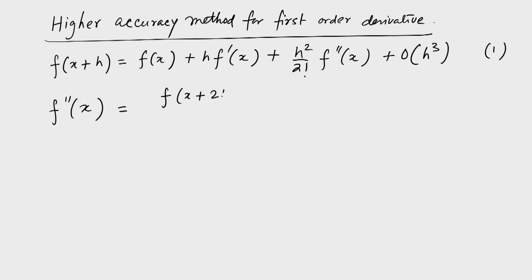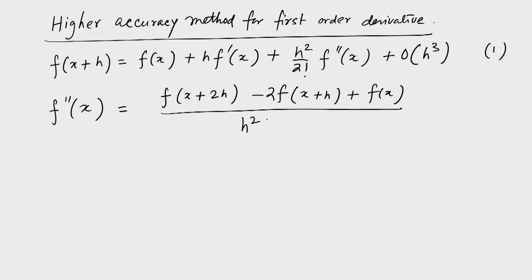Here we are writing it with f of x plus 2h, minus twice f of x plus h, plus f of x, divided by h square, and we are leaving out terms of the order of h.